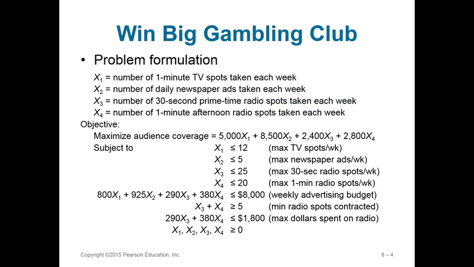Now, you can see this within the text or looking at the PowerPoints on your own, so I'm not going to spend a lot of time here. I'm not going to read each of these constraints, but you'll notice that each one of those has a certain number of spots that can be bought, with your objective being how many audience members can you reach.